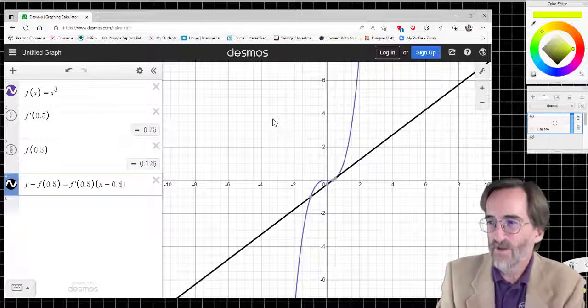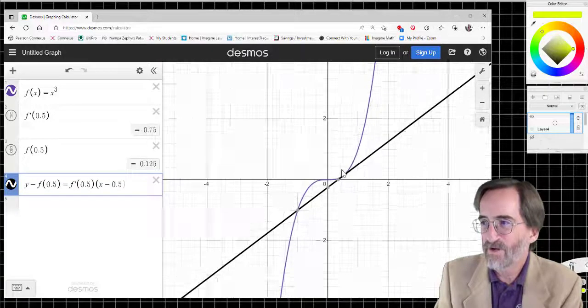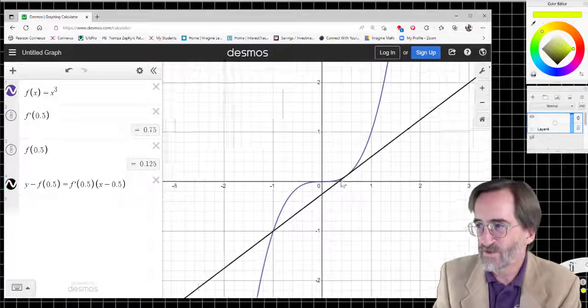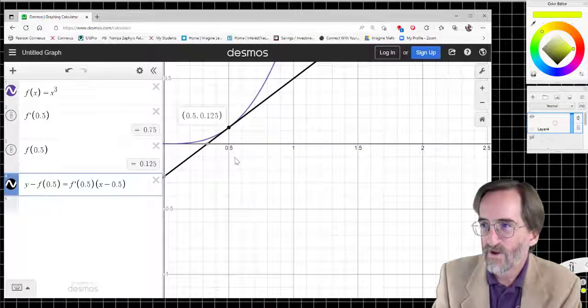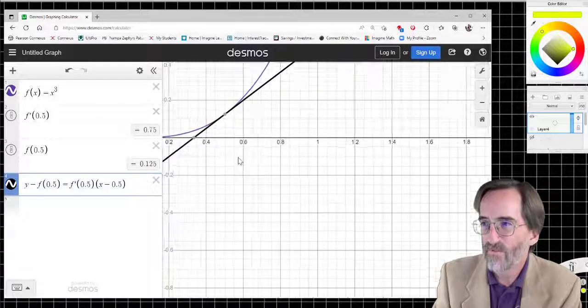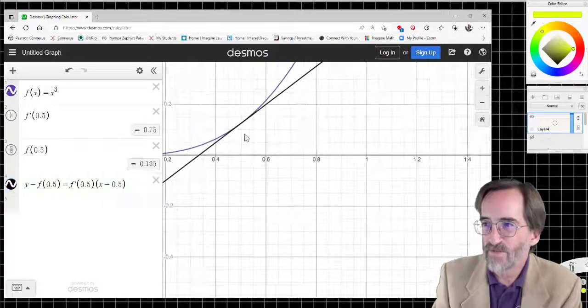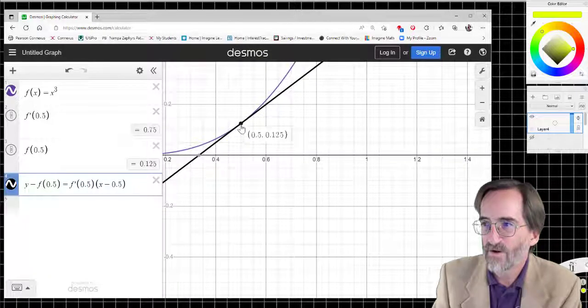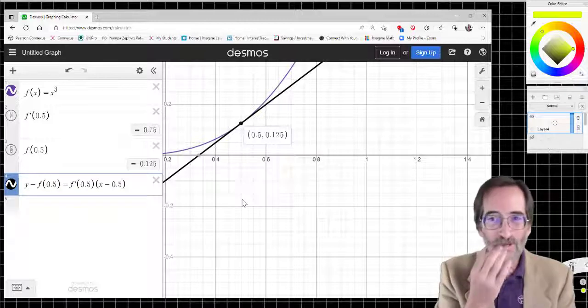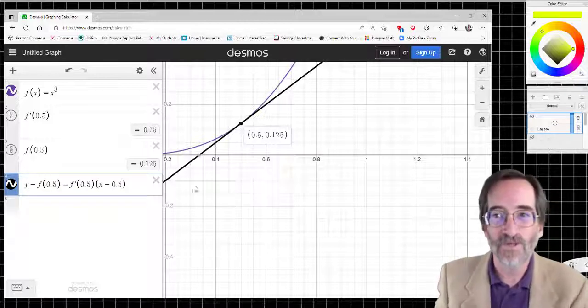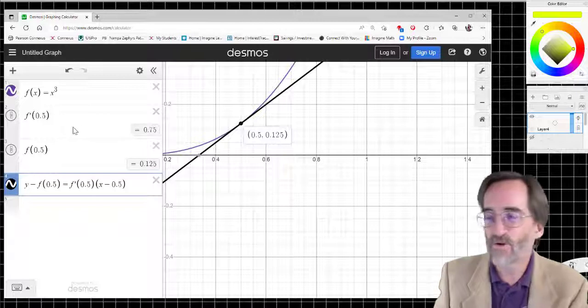And there's the tangent line. You can see it as I zoom in to 0.5. So we have the slope of the tangent right there. So now you know how to use Desmos, at least, to find the derivative, either numerical or symbolic. Hopefully that helps.